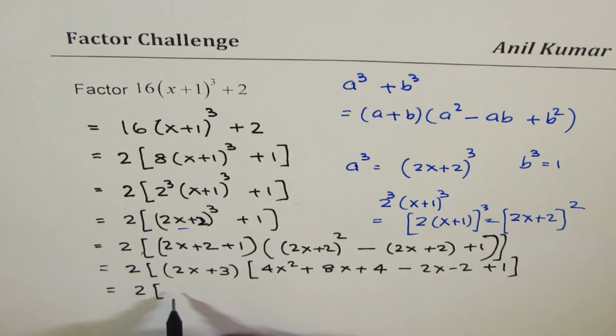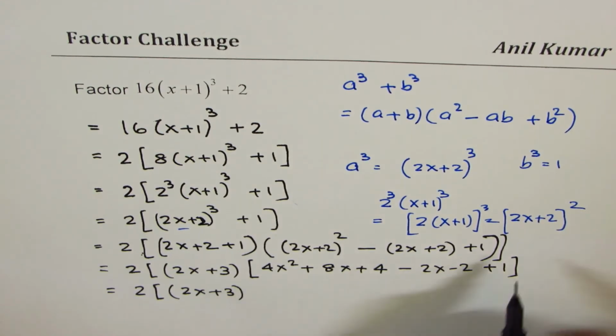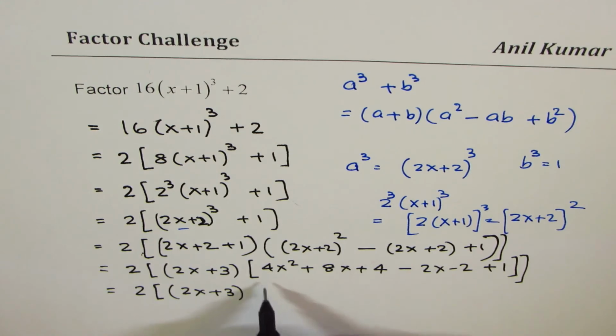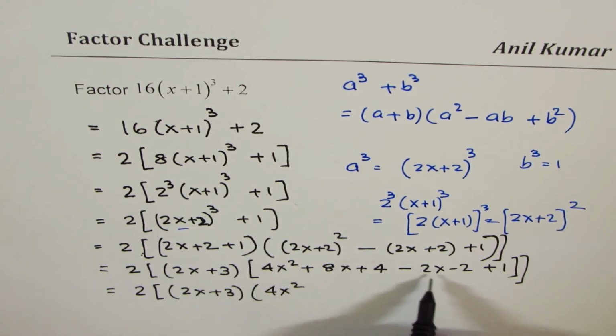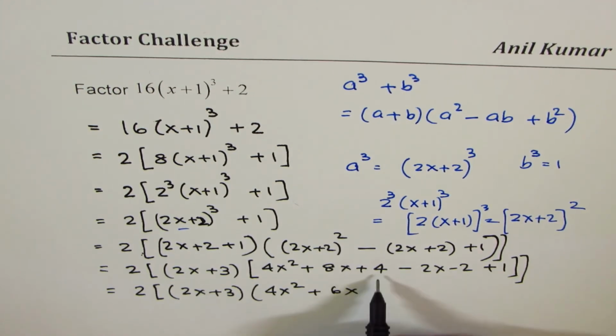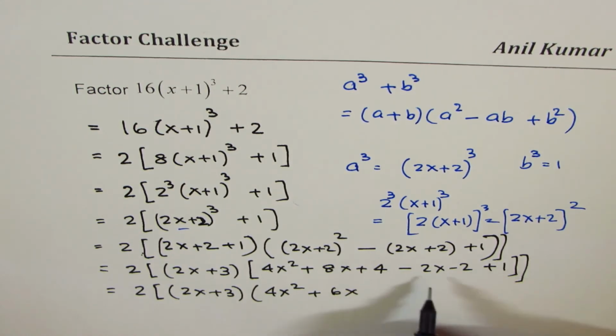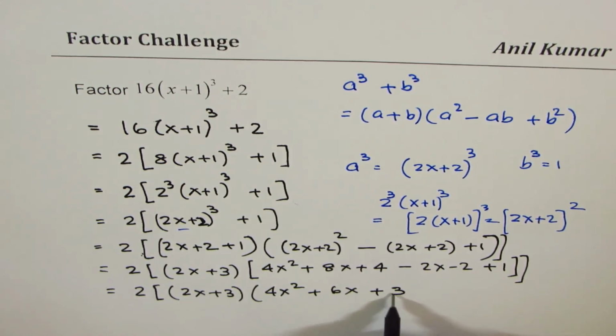So we get 2 times (2x plus 3), and there is another bracket for this. You can combine these terms: 4x squared, 8x minus 2x is 6x, and 4 minus 2 is 2, and then plus 1 is 3, plus 3.